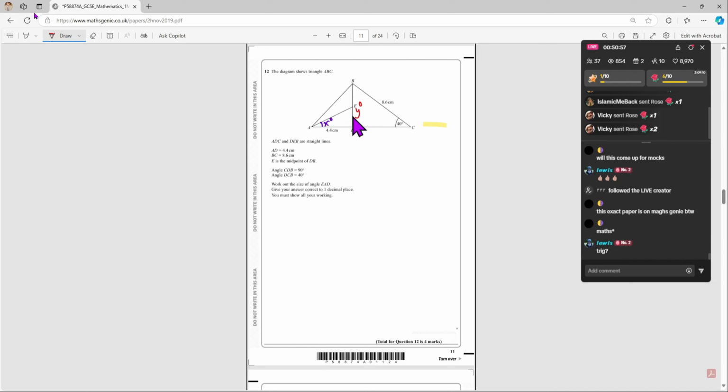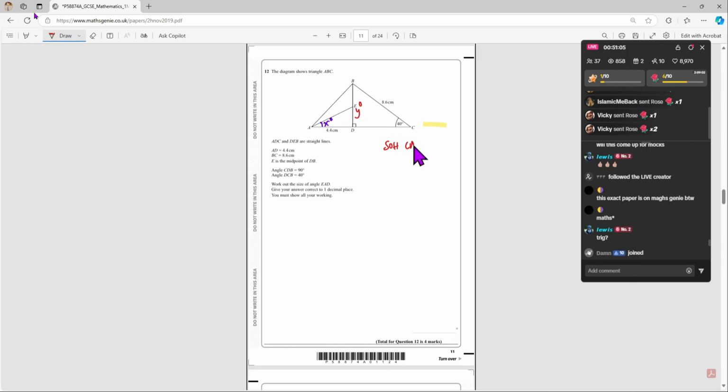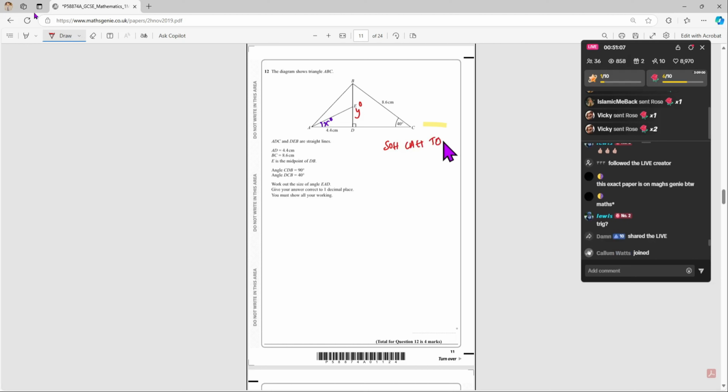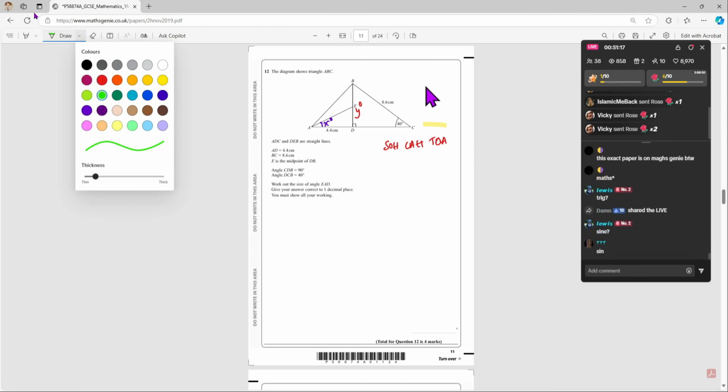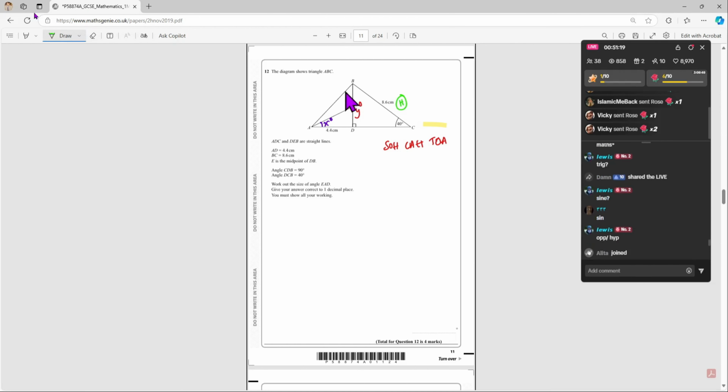To work out this specific length, we have to use trigonometry. So our ratio is going to be SOHCAHTOA. That's the acronym we use to identify which ratio we're going to use. So which one are we going to be using? We know that we have our hypotenuse involved and our opposite side as well.